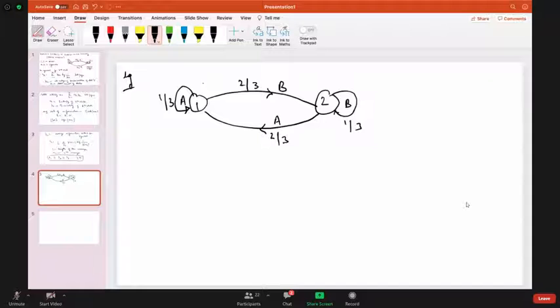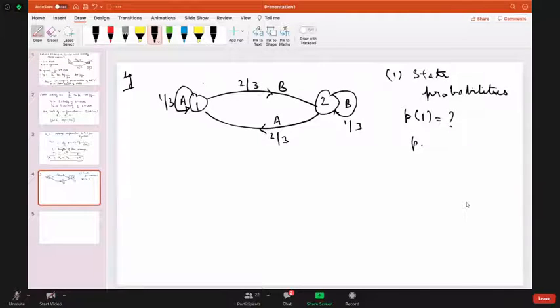So now there are a couple of things that we need to evaluate. The first thing is we need to evaluate the state probabilities, which means we need to evaluate the probability that state 1 occurs and the probability that state 2 occurs. The probabilities given over here are transition probabilities.